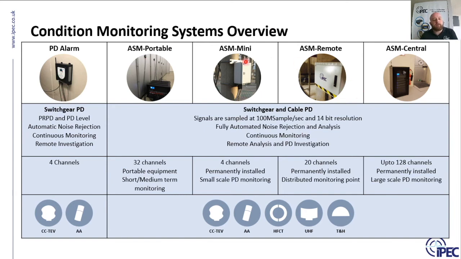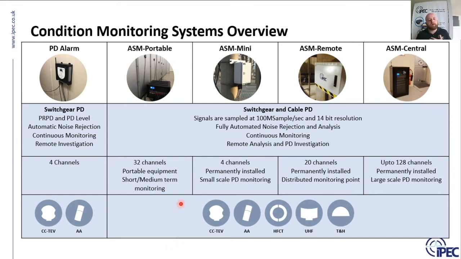Okay. On the right hand side here, the main range I'm looking at now is our permanent monitoring systems. It's what we now call the ASM series. So they did have a couple more names. Originally we separated the EHV from the medium voltage, but ultimately we brought them back together this year because the fundamental principle of operation of the equipment is identical across the range.